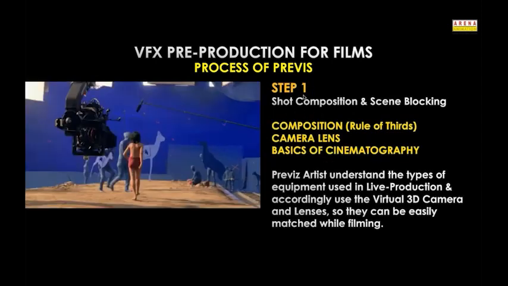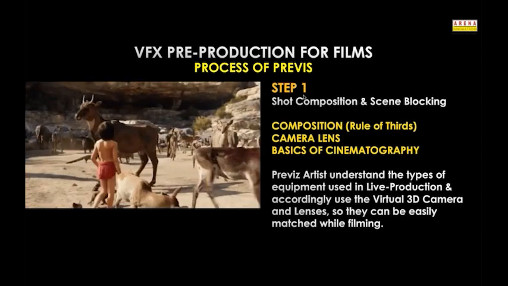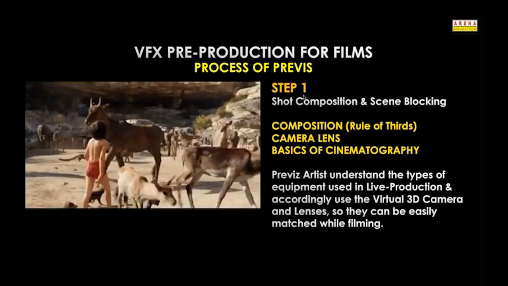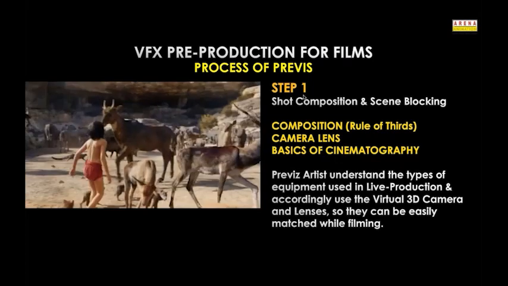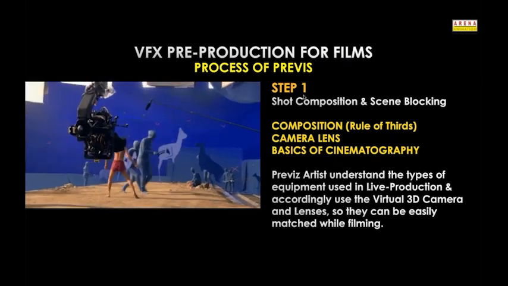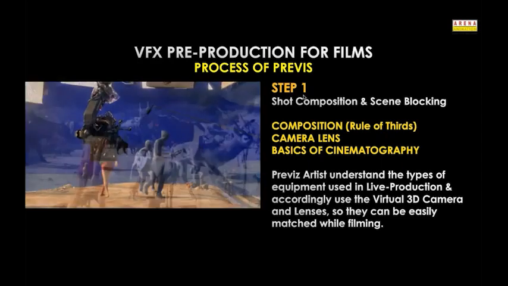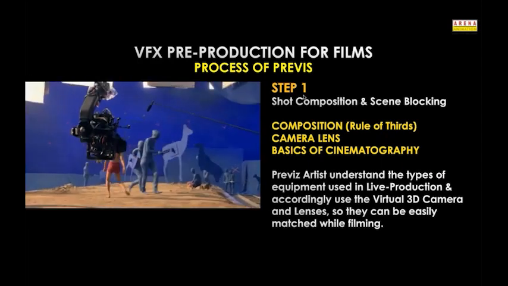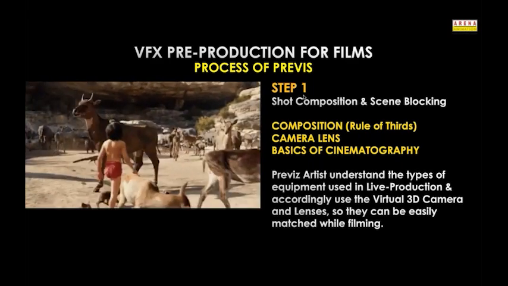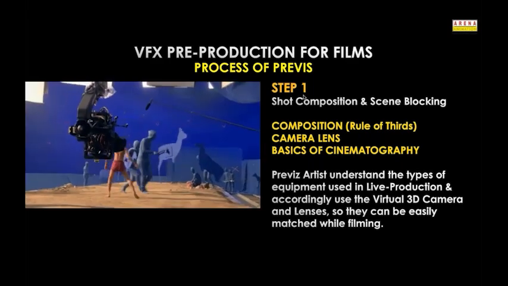So these are the steps of VFX pre-production, or the previs part. Step one, shot composition, scene blocking. A previs artist needs to have an understanding of composition, cinematography, camera lenses, because these are actually used in live production, and a previs artist is using them virtually, and they create a 3D camera in Max or Maya.